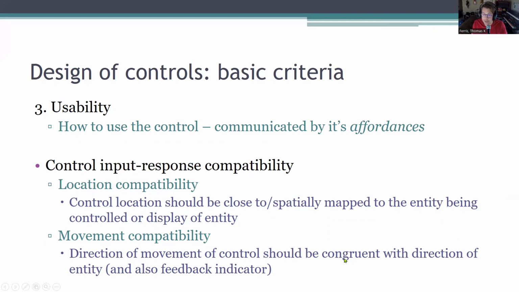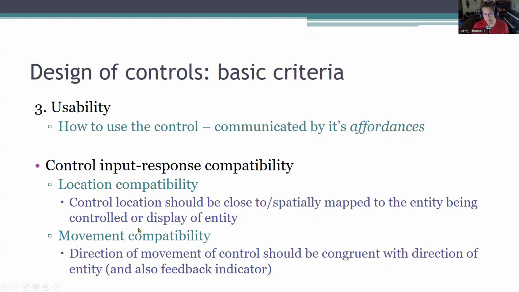Sometimes you have systems that are designed based on an electrical or a mechanical aspect of the system, and the convenience of certain shapes and configurations don't necessarily take the human's expectations as their first priority. Good. So yeah, the movement compatibility: when I move a control, interact with a certain dimension, I expect a certain outcome, and hopefully that matches, that should be compatible.